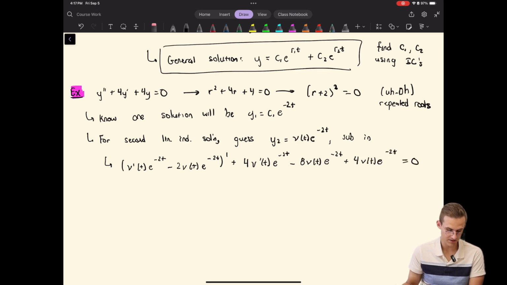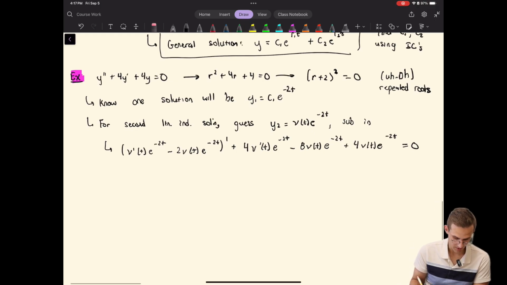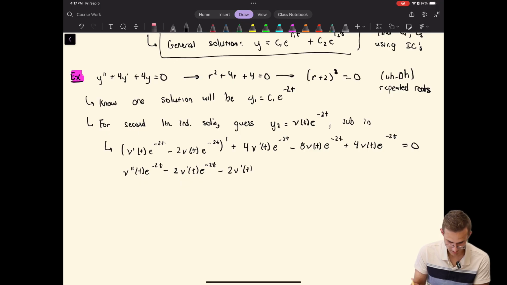So that's just the governing differential equation with everything subbed in. And we'll apply that derivative once again. So we have nu double prime of t e to the minus 2t minus 2 nu prime of t e to the minus 2t. I'll just go ahead and proceed; you can see how the pattern is going to shake out here, but I'll write out the whole thing.